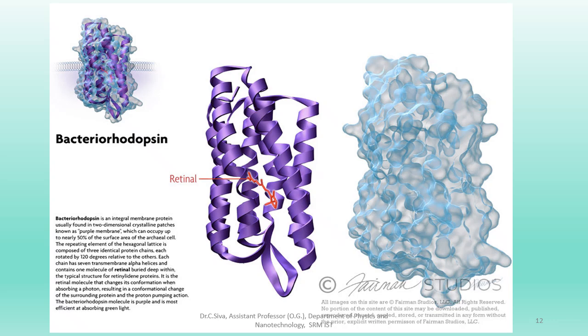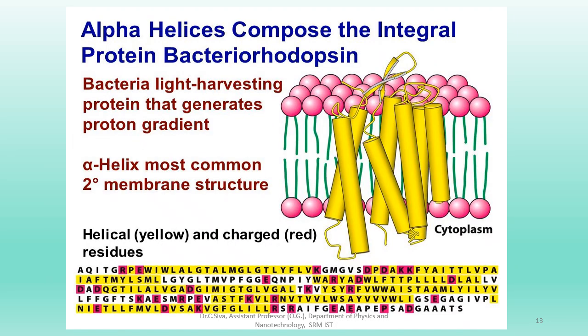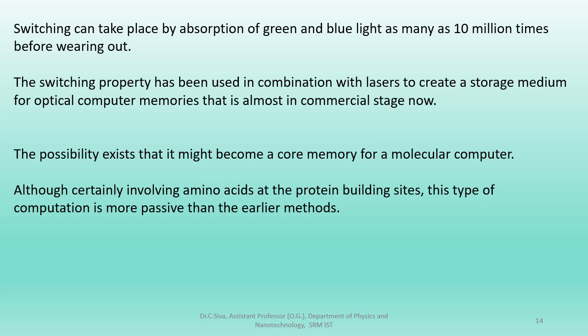So this allows us to use a light-harvesting protein for switching applications. Once light falls on this, it switches the direction, which we can utilize as logic switches. With this, we can stop this lecture, and we will see the next lecture in the next video. Thank you, students.